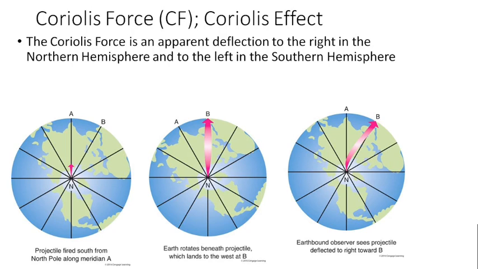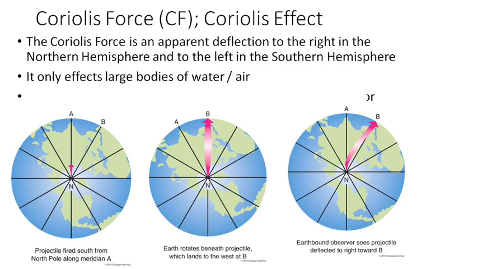So this last one is what it appears, that it was deflected to the right in the northern hemisphere. Does that look like a right deflection to me? It does to me. Okay, so that's kind of what we have going. That's the Coriolis force, and it only works on large bodies of water or air.